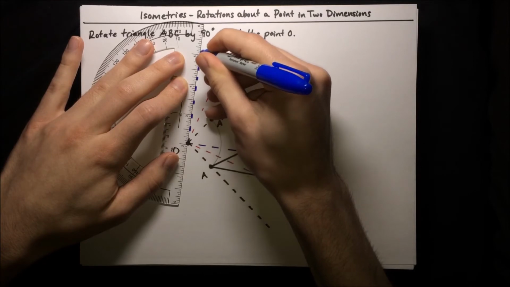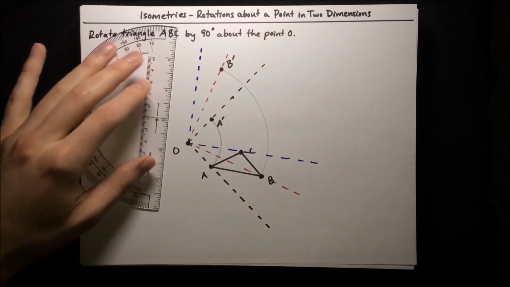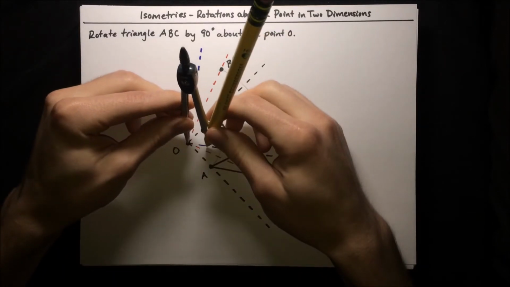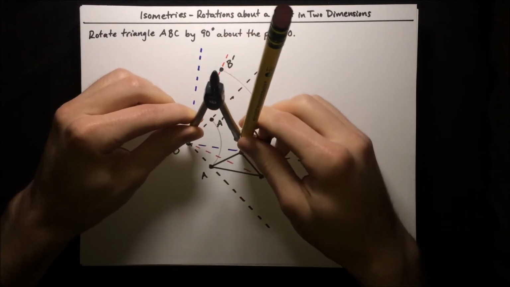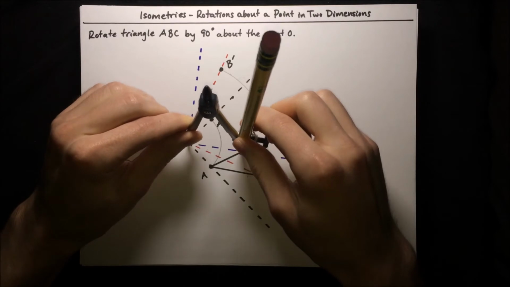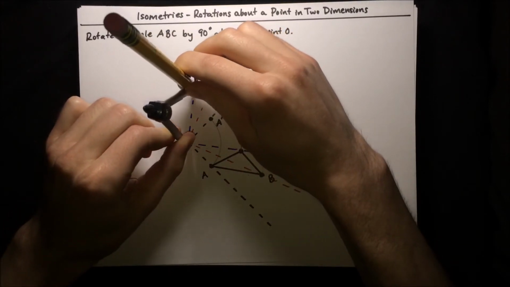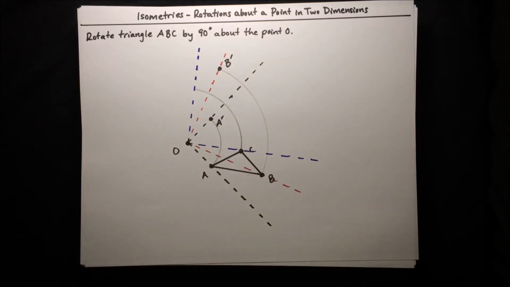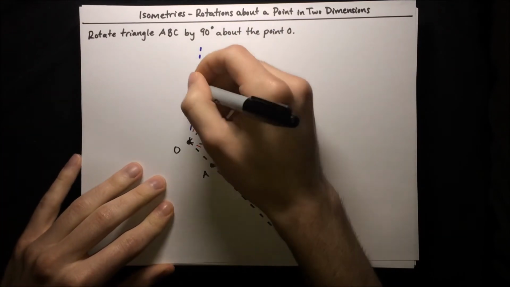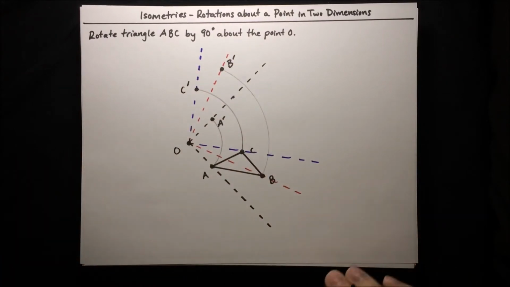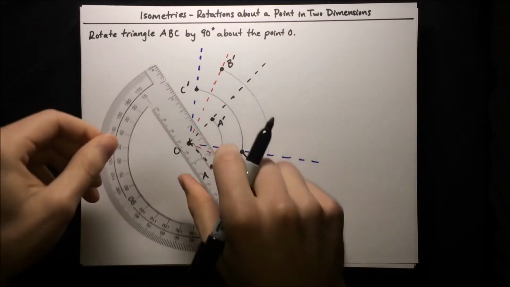And then we'll use our compass to figure out where to put C on this angle. So we'll extend it out to the length of C and then rotate that around. Okay, so now we can see where to put the point C. We'll put the point C prime right here, and now it just remains to connect the dots.